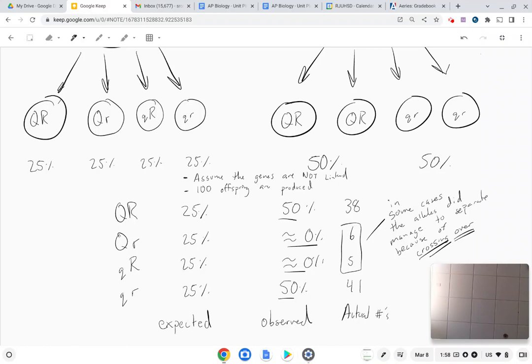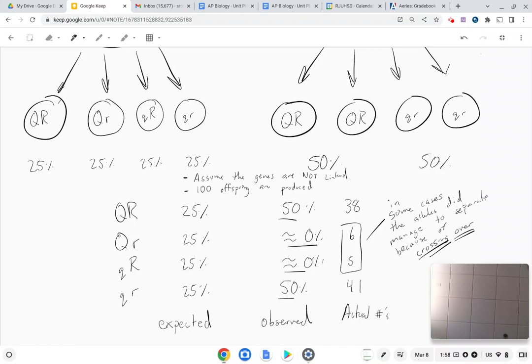Does this look linked or does it look not linked? What's your gut tell you? Like, do these numbers look quite a bit different than 25, 25, 25? Yeah, obviously, right? They look a lot different, and it looks like something fishy is going on with those alleles. Just looking at those numbers at face value, we can kind of tell that there's something going on.